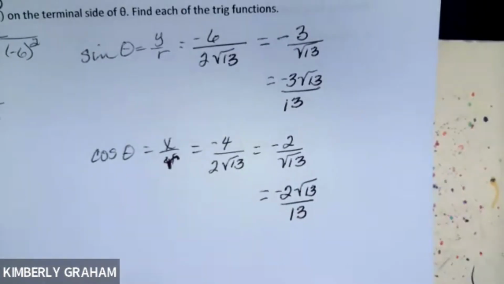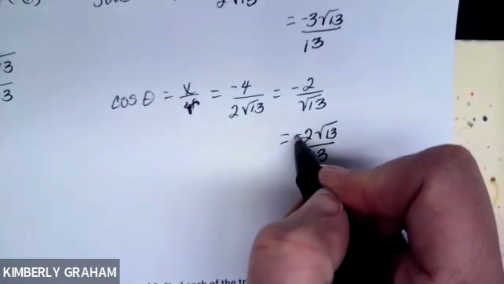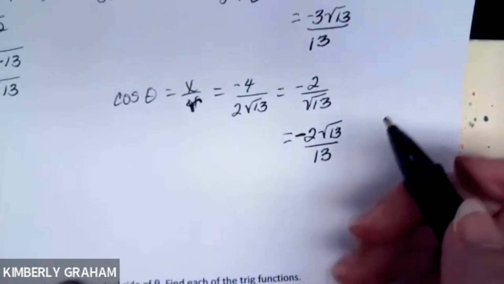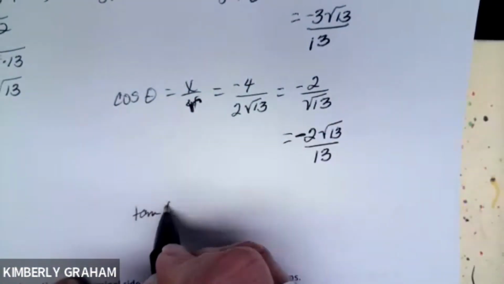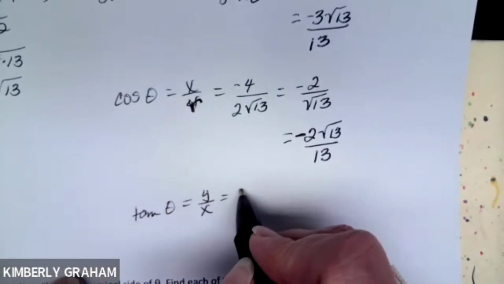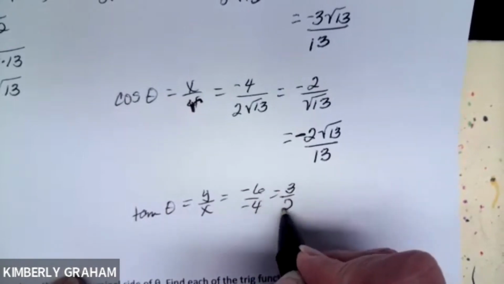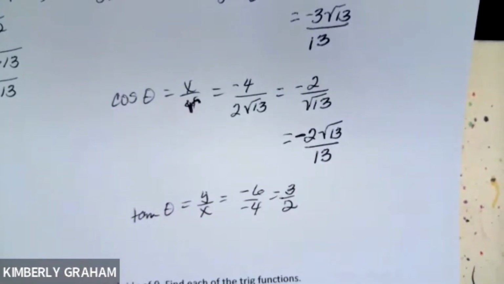Any questions there? Make that negative sign look a little bit bigger. And then tangent is y over x. So -6 over -4, and that's 3/2. Any questions how I figured out sine, cosine, and tangent?